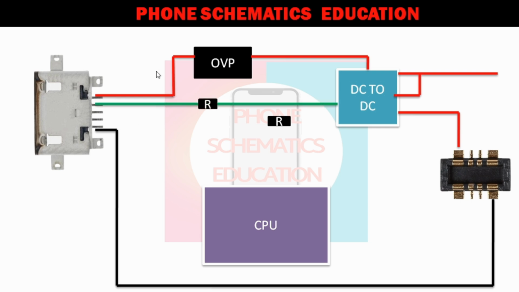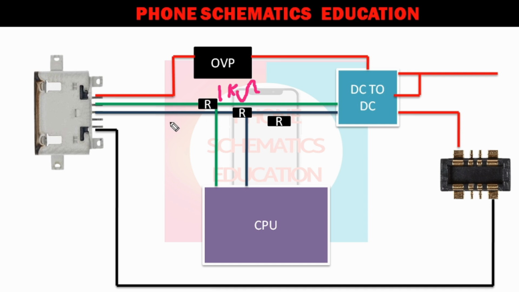Now, another line is connected to the CPU after the DC to DC IC with a pull-up resistor. Another line, the same, is connected to the CPU and the charging IC, DC to DC IC, with a pull-up resistor. The resistor mostly has a value of 1K, this 1 kilo ohm.